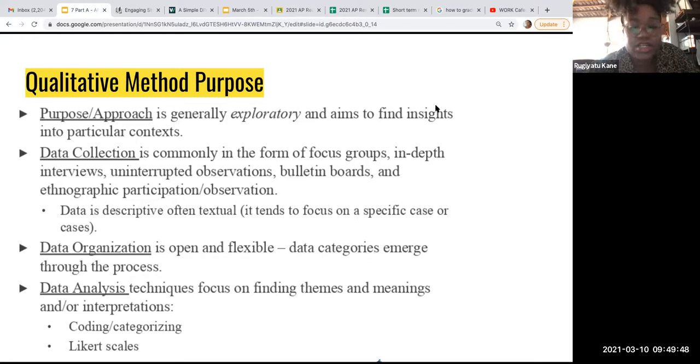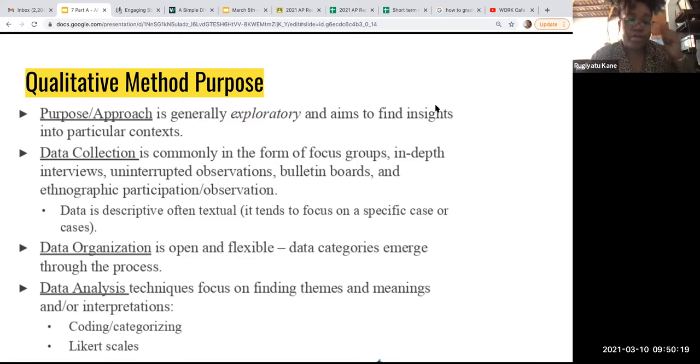The data collection is commonly in the form of focus groups where you're discussing with numbers of people, in-depth interviews, so you are interacting a lot more with perhaps one person, uninterrupted observations, bulletin boards or ethnographic participation or observation. In this type of data collection, you're typically describing events or you're describing facts, so it's textual, and it tends to focus on a particular case or cases.